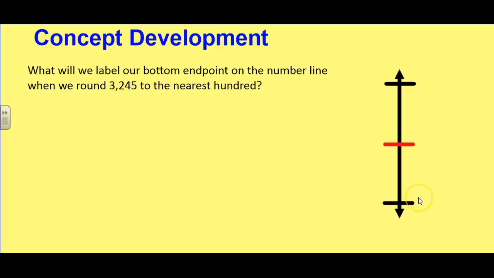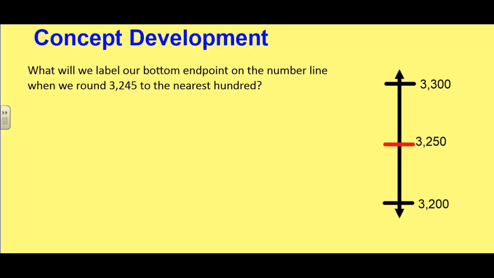Okay, so in 3,245 there are 2 hundreds, so our bottom number was 3,200. One more hundred than that would be 3,300. And then I know that halfway between 200 and 300 was 250, so I've got 3,250.